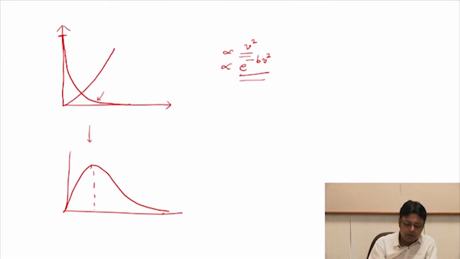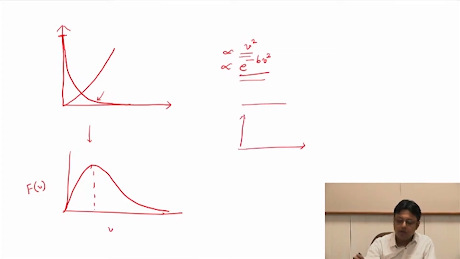Now, similar behavior you will also see in many other situations. For example, when we discuss quantum mechanics and study the hydrogen probability density along the radial coordinate for, say, the 1s orbital, the wave function actually goes as e to the power minus r by a0.